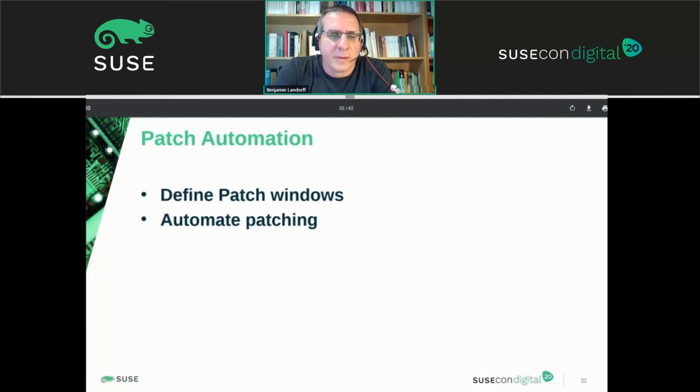And we're going to let you automate the patching, so you don't have to apply the patches manually. Once we get to the patch window, they can be applied automatically for you to the system that you designate.